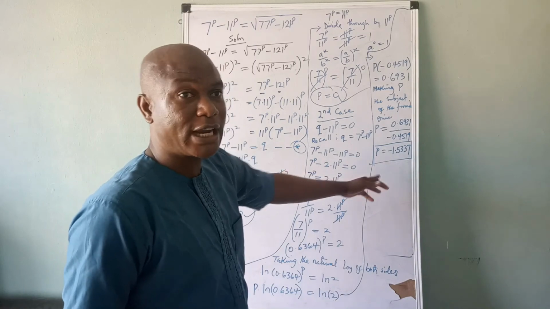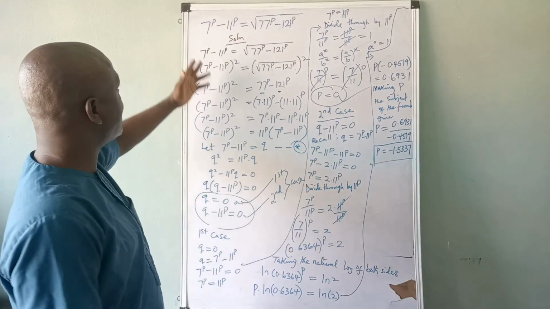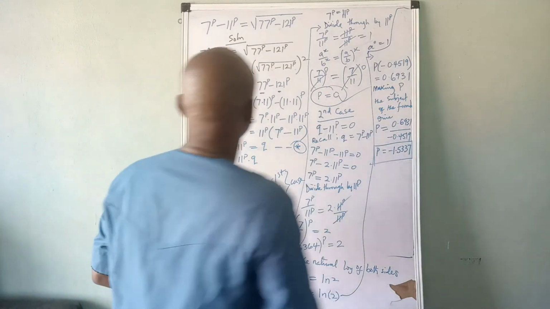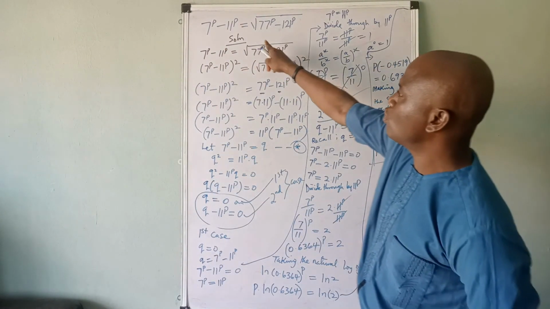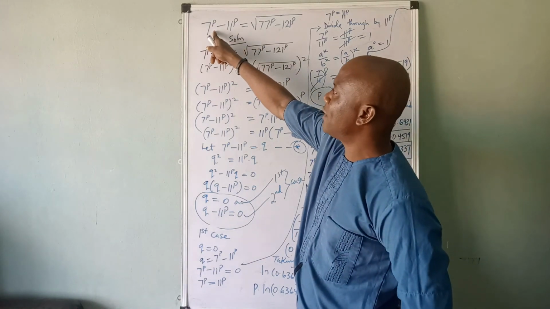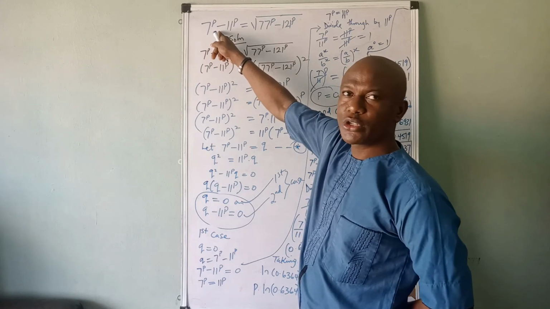So we can as well check to see if what we got as our answer is correct. For the case 1, what you just need to do is to substitute the value of p into this original equation.